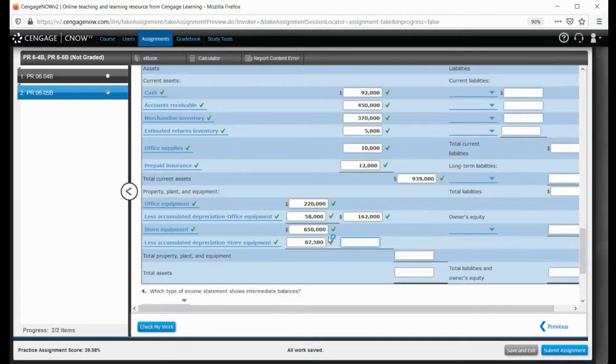Again, you have to find the book value of the assets that are depreciated. In this case, the cost of the store equipment was $650,000. We're going to subtract the accumulated depreciation for the store equipment from that amount to get the book value.